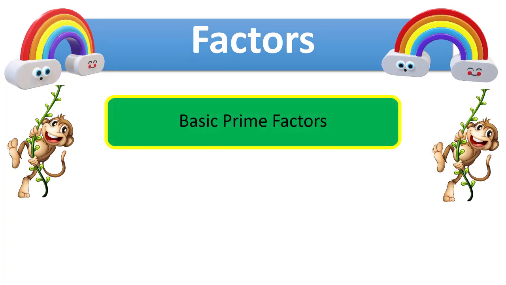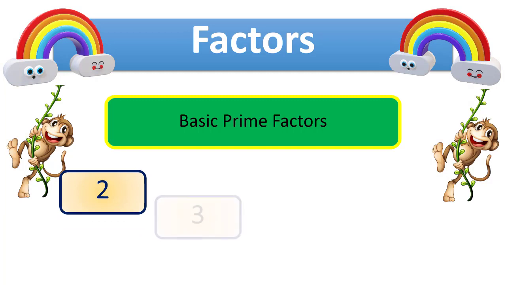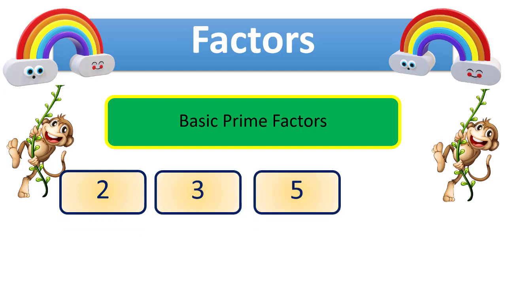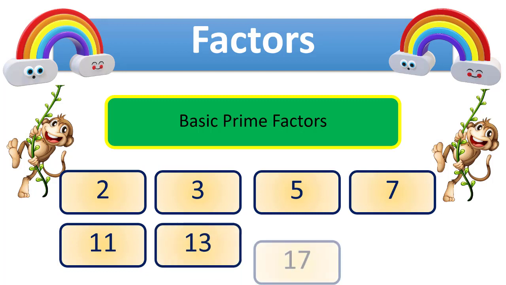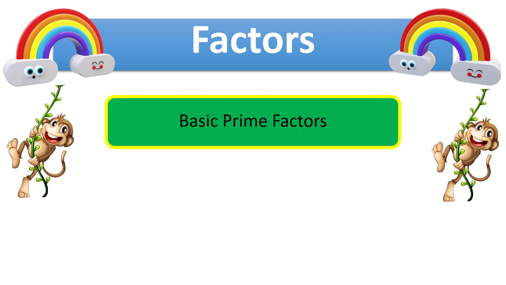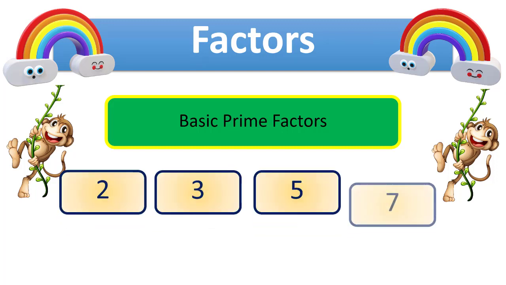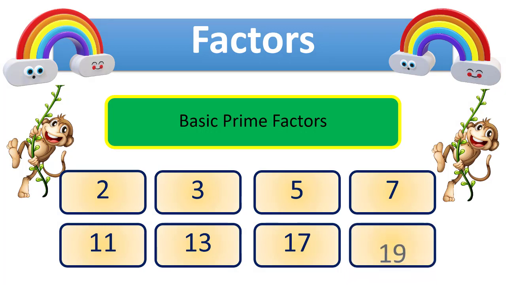The basic prime factors: 2, 3, 5, 7, 11, 13, 17, and 19. Again, the basic prime factors. Very good, students.